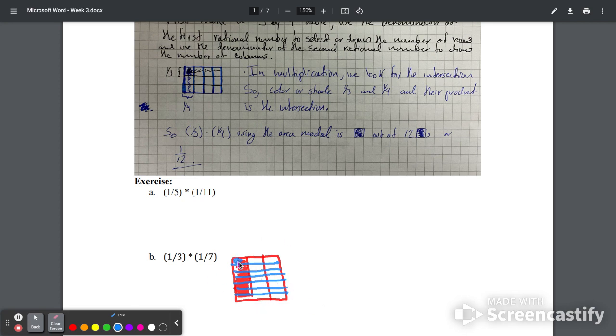So now I shade in one of the 7s. So remember, 1/7 is represented in blue and 1/3 is represented in red. There's a total of 21 spots because we got 3 by 7, that's 21. Out of that, we only have one that's shaded for both, so 1 out of 21. So that's kind of looking at our area model with that.